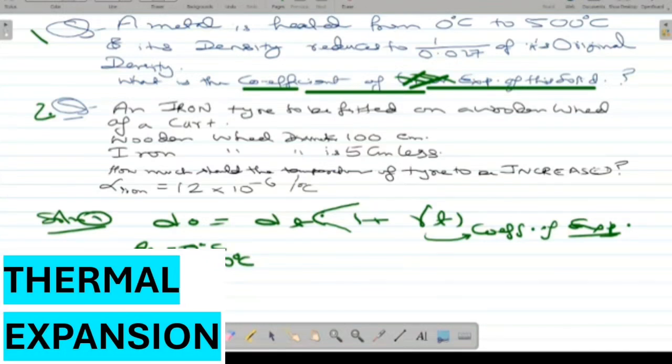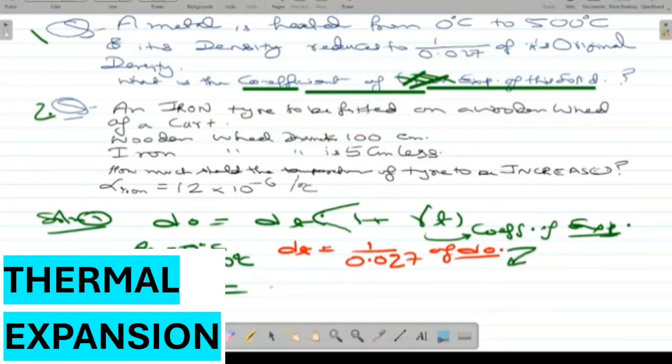So we can write it as d0 equal to dt, and dt will be equal to 1 by 0.027 of d0, right? So we will just put this value over here.